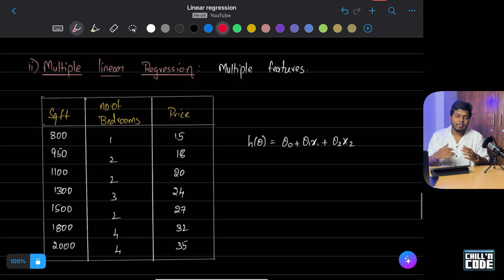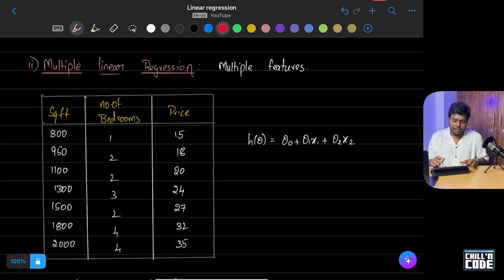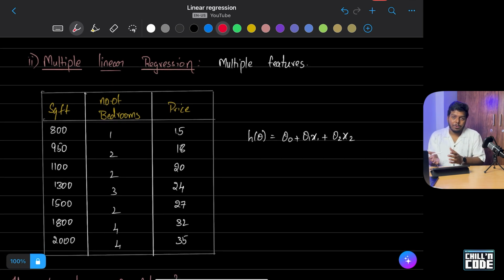If you see the same example, slightly modified, we have square feet and number of bedrooms. Both of these are independent variables which help to predict the value of price. Not only based on square feet but also on the number of bedrooms, the price is being calculated. With multiple features, the straight line equation also changes.